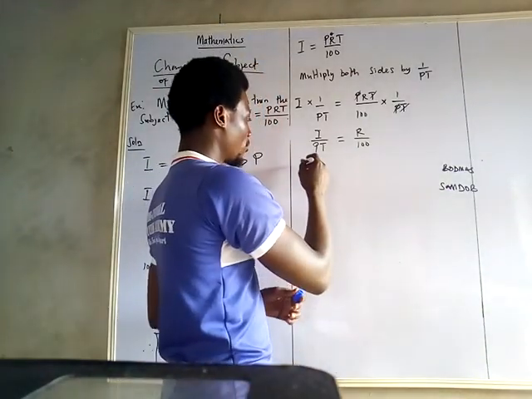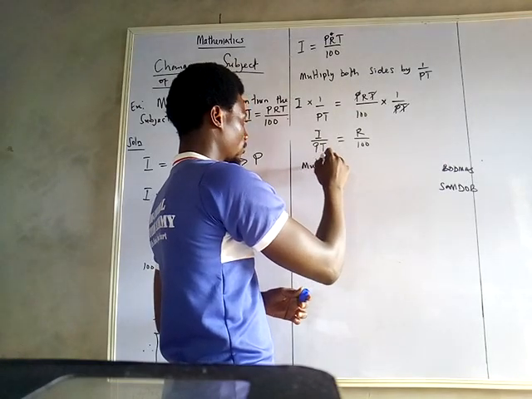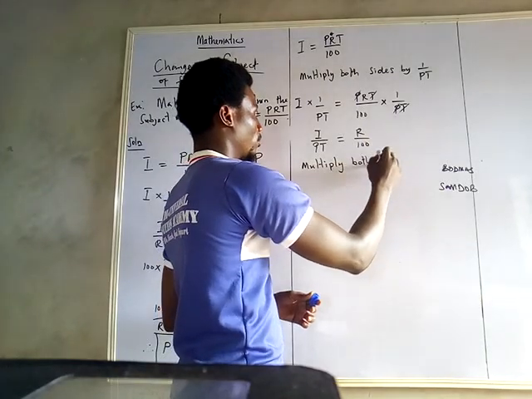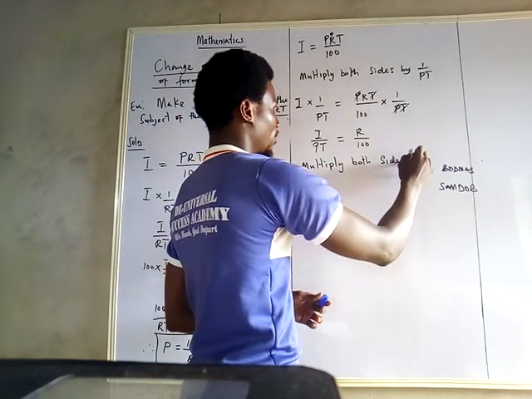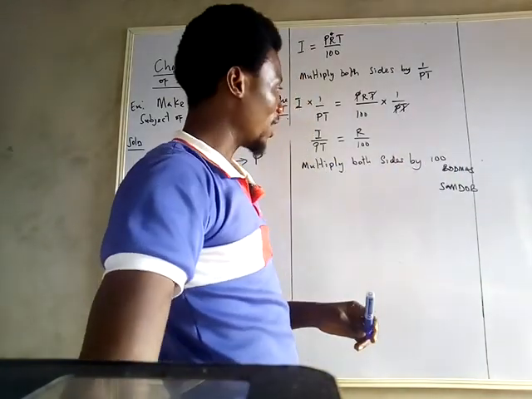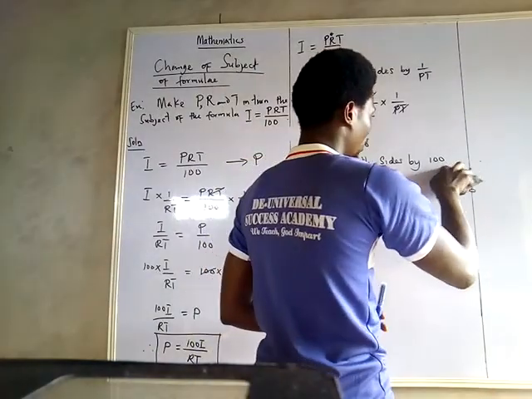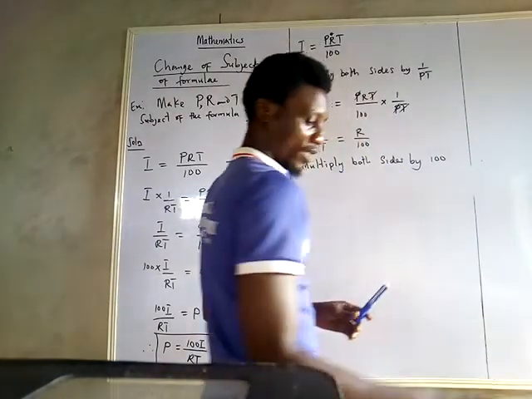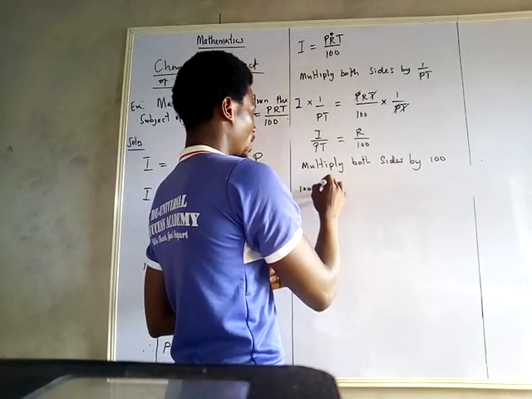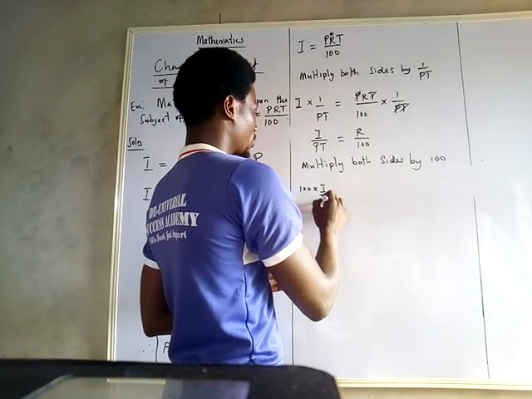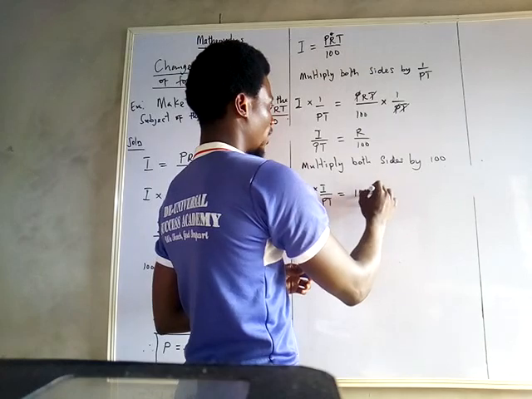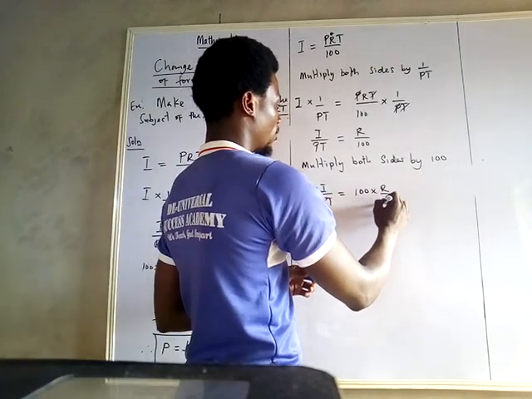That is where you say multiply both sides by 100. You are multiplying both sides by 100. If that is the case, we are going to have 100 times I over PT to be equal to 100 times R over 100.